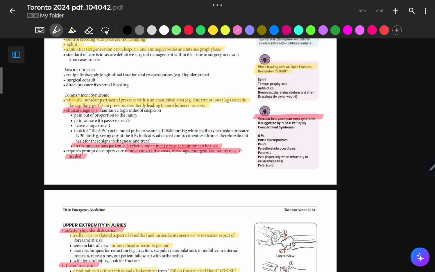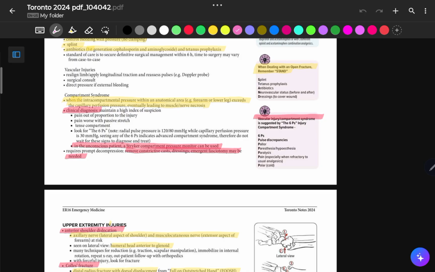Meaning that the limb will not be perfused. So eventually this leads to muscle and nerve necrosis.